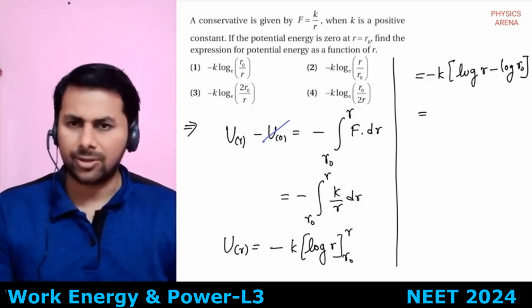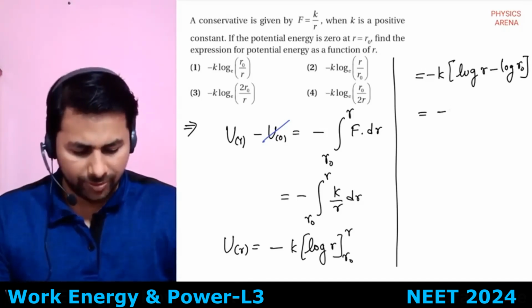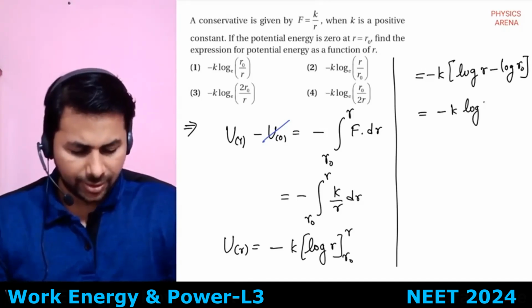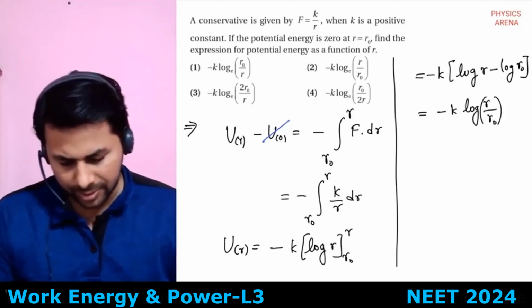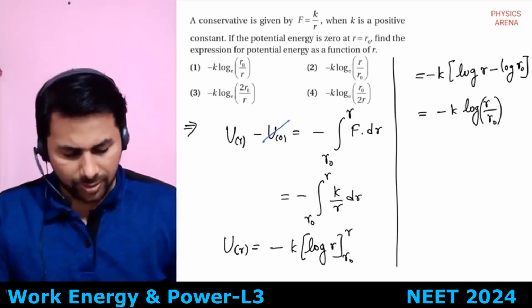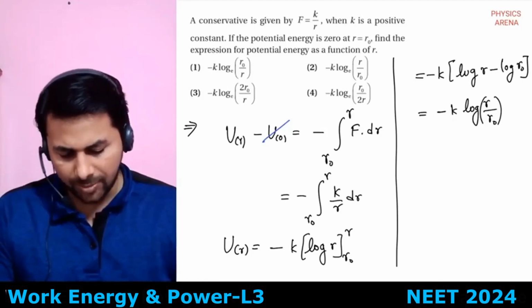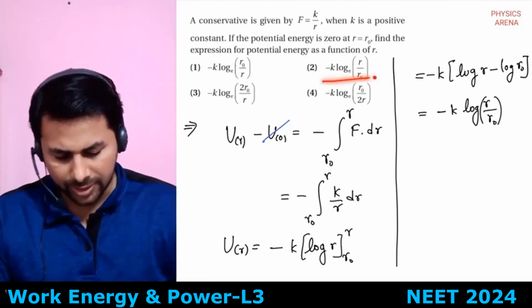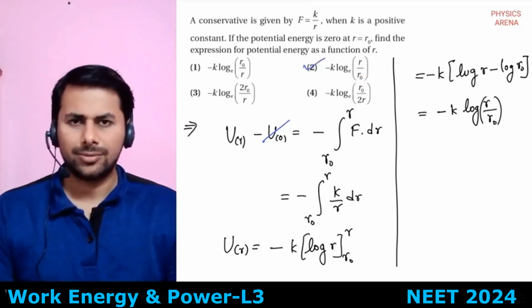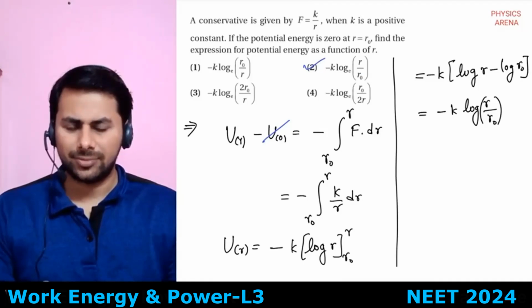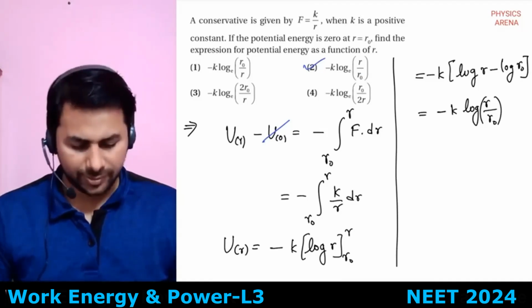And log of A minus log of B is log of A by B. So it is minus K log of R upon R naught. Okay, it's option 2. So this is very simple.